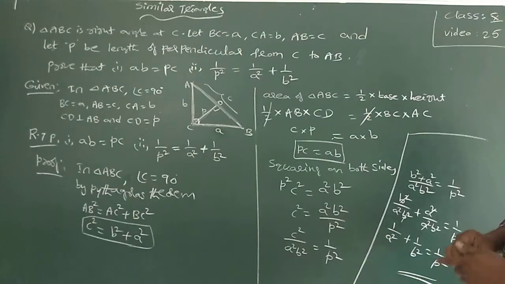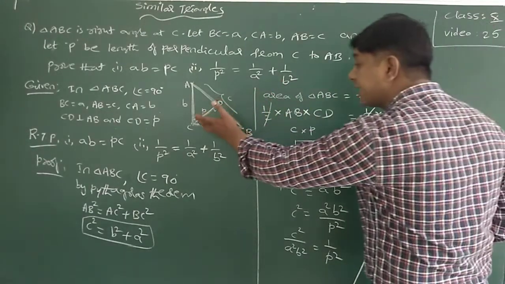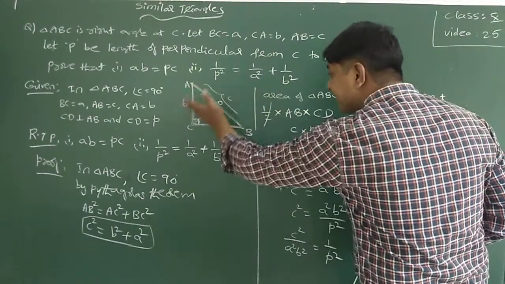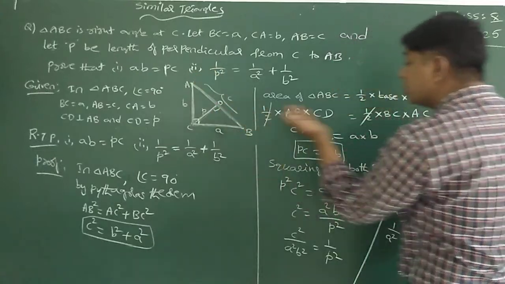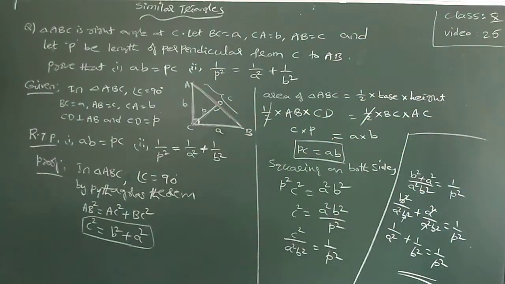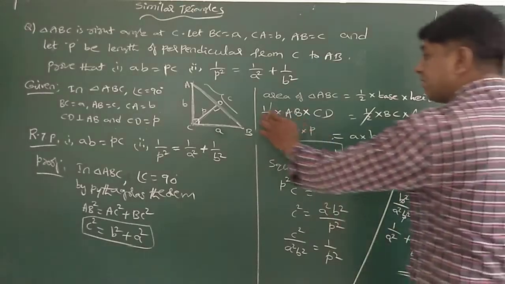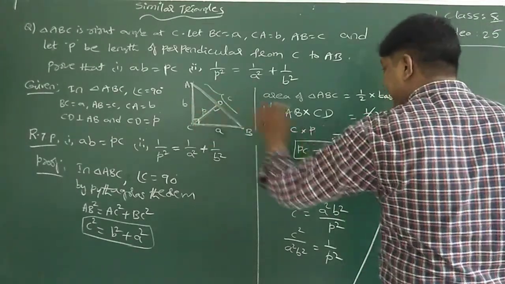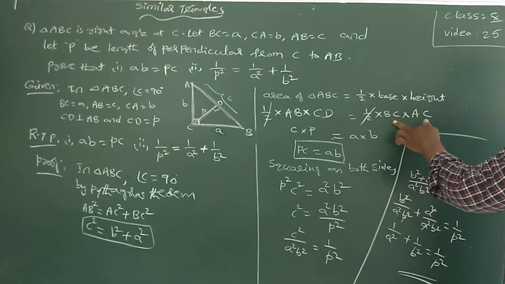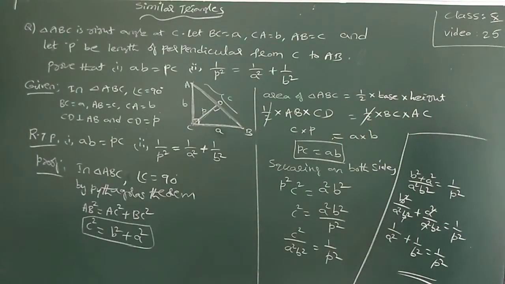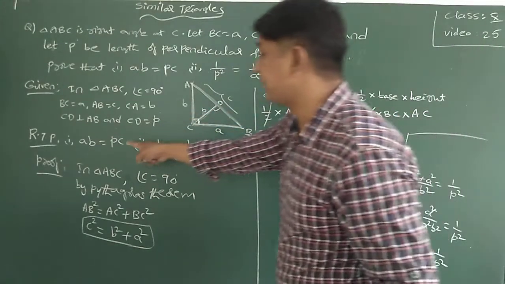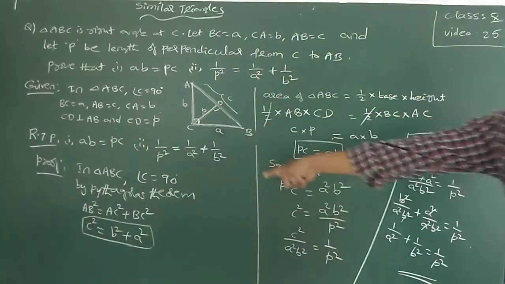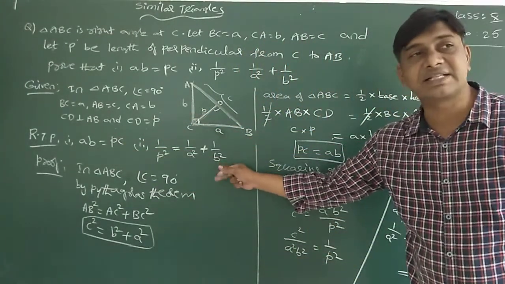Since it is the same triangle, whether I use this base and this height or that base and that height, the area remains the same. So half cancels. This AB is c and CD is p, equal to BC, meaning a, into b. pc is equal to ab. First condition I proved.